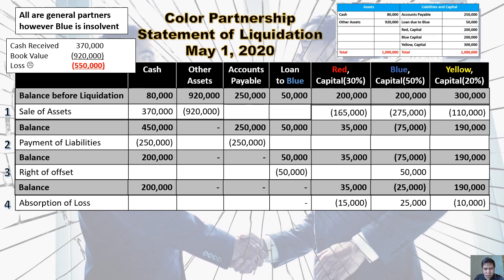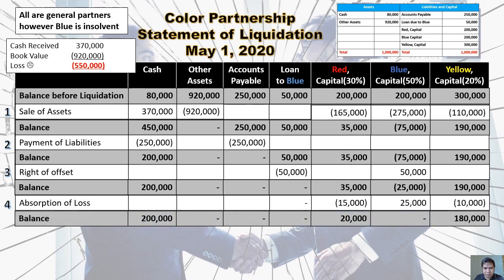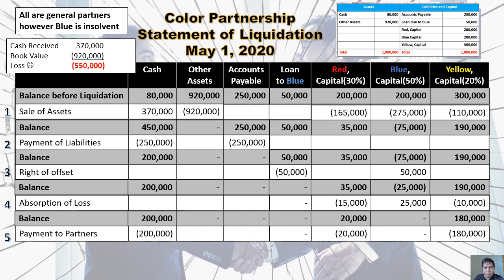Then after the absorption of loss, these are the balances. So cash natin, 200,000. Kay Red capital, naging 20,000 na lang yan kasi nag-minus tayo ng 15,000. Kay Blue, wala na kasi inabsorb na yung deficiency niya ni Red and Yellow. Then kay Yellow naman, magkakaroon na lang po tayo ng 180,000 pesos. Since positive na po ang results after the absorption of loss, doon na tayo sa last step which is the payment to partners.